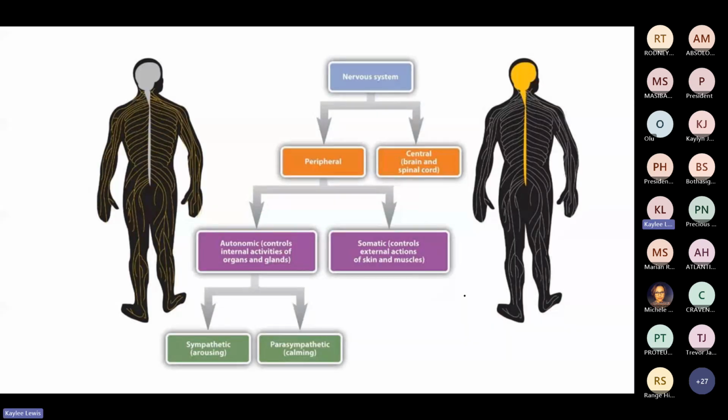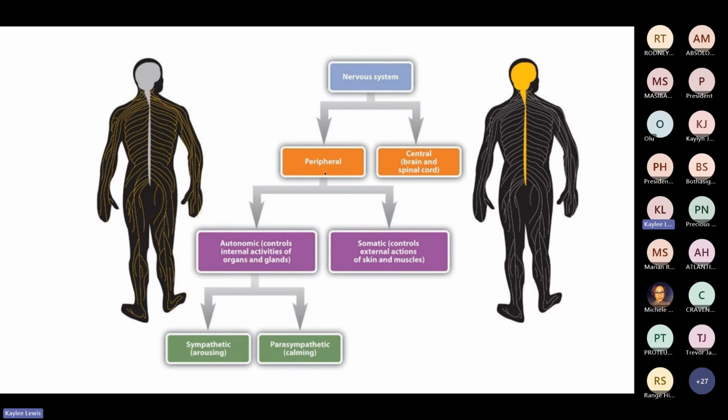Okay, so if we look at a breakdown of the nervous system, we can divide the nervous system into the central nervous system, which we discussed already, consisting of the brain and the spinal cord. And then we have the peripheral nervous system, which is made up of your spinal and cranial nerves.